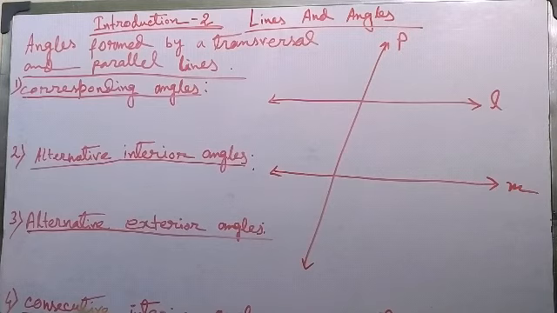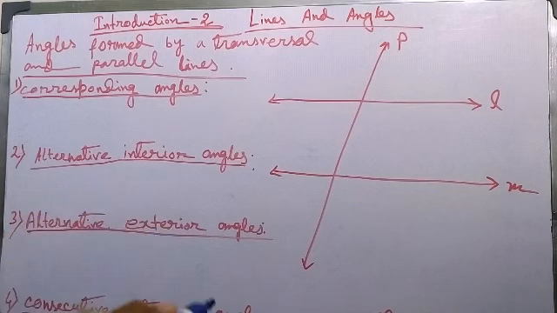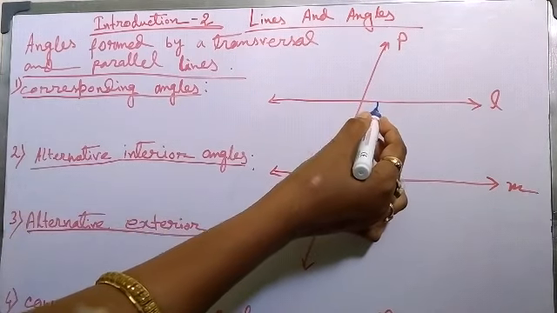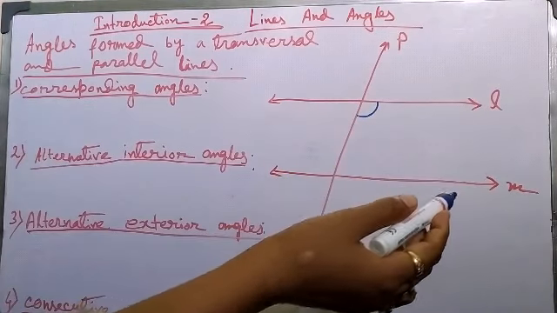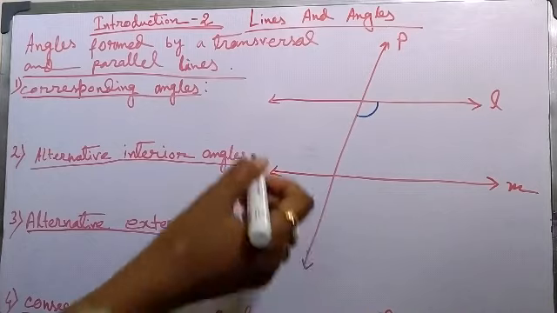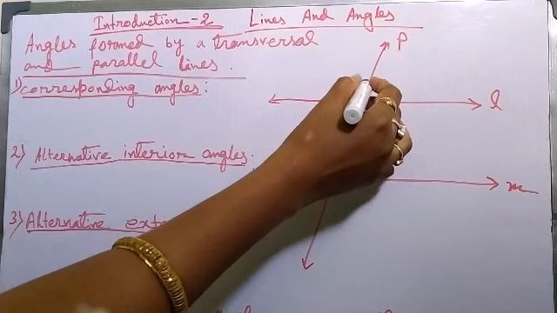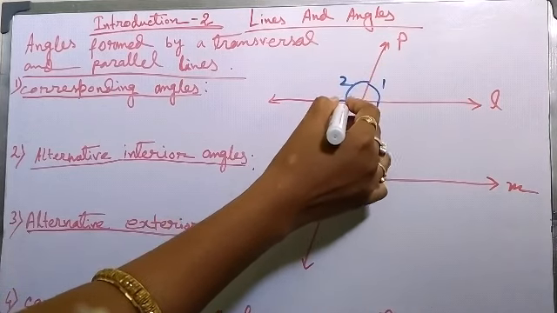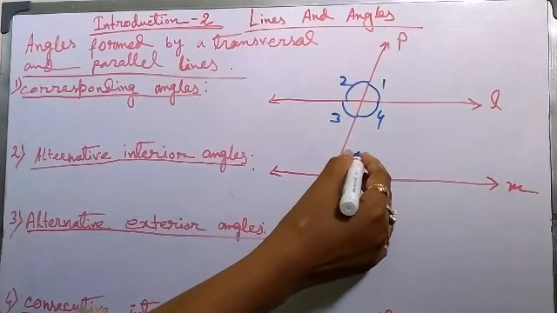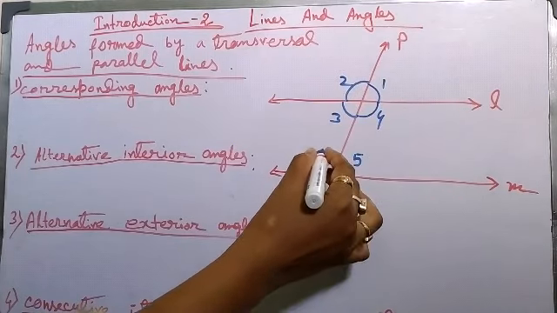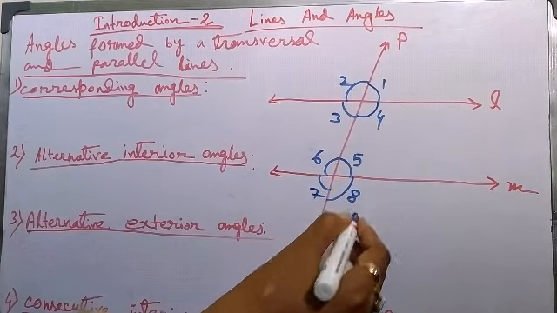Next, coming to this topic, angles formed by a transversal and parallel lines. Some angles are formed when these two parallel lines, that means L and M, are intersected by the transversal P. That means this is 1, this is 2, this is 3, this is 4, this is 5, this is 6, this is 7, and this is 8.